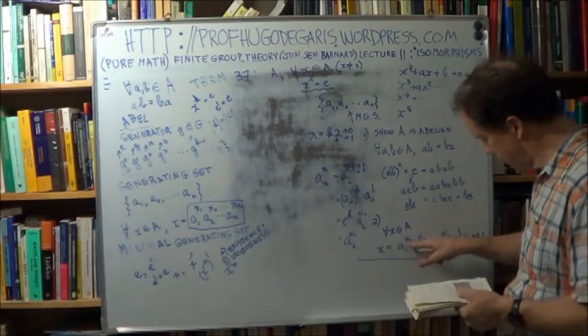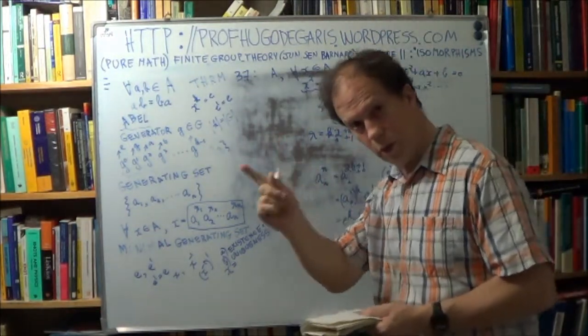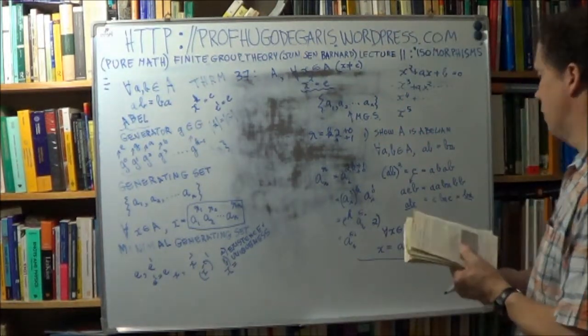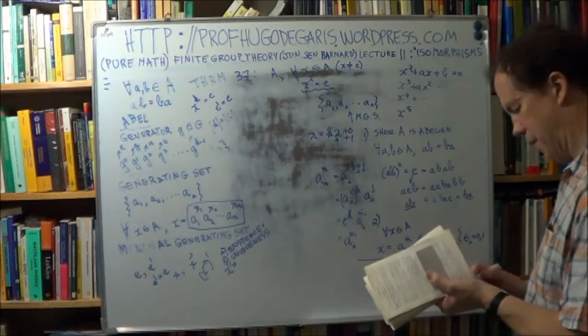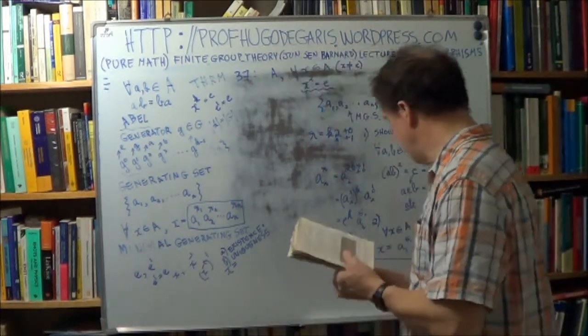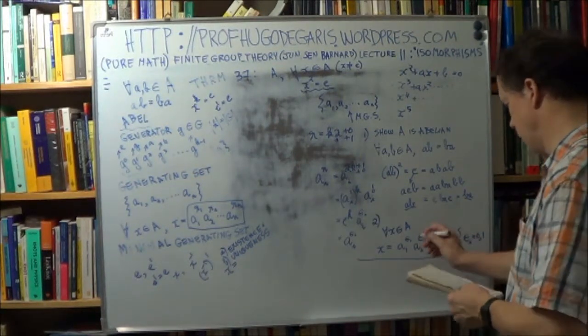You specify the x, these etas will then be determined, right? Uniquely. There's only one way to do it. All right, so how to show that? Well, let's assume that there's another way of doing it.